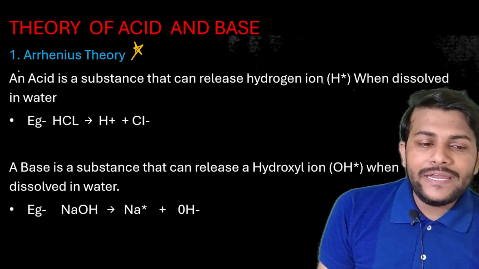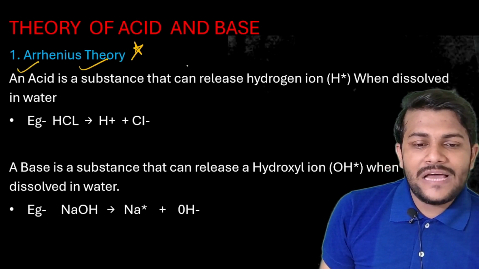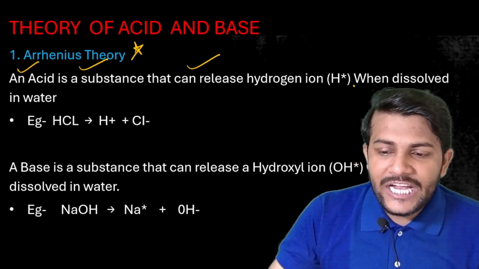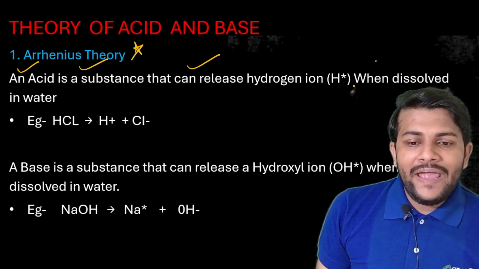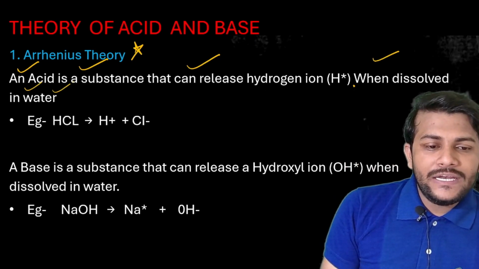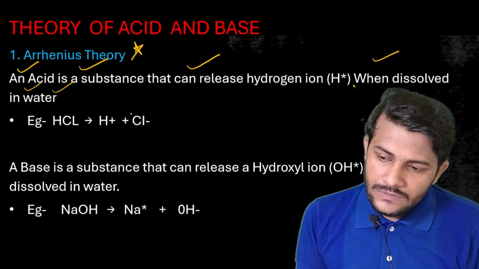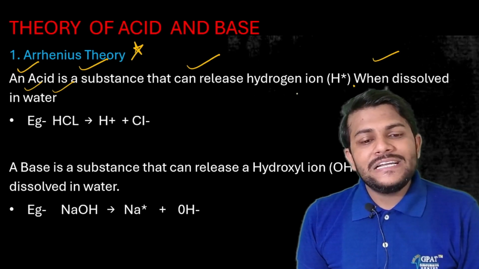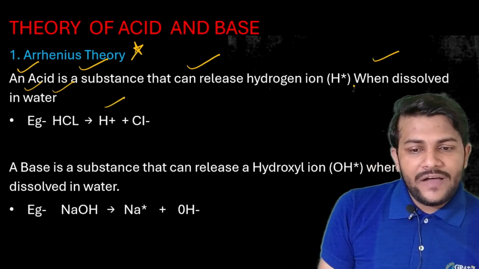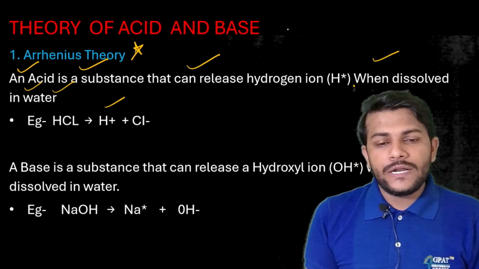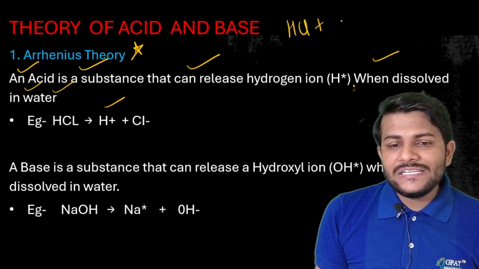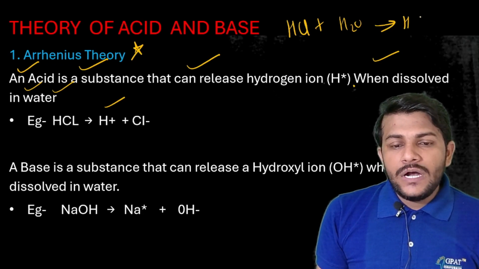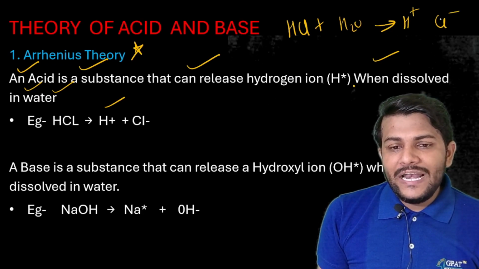According to Arrhenius, an acid is a substance that releases H positive ions when we dissolve it into water. Suppose we have HCl plus H2O, that releases H positive and Cl negative.